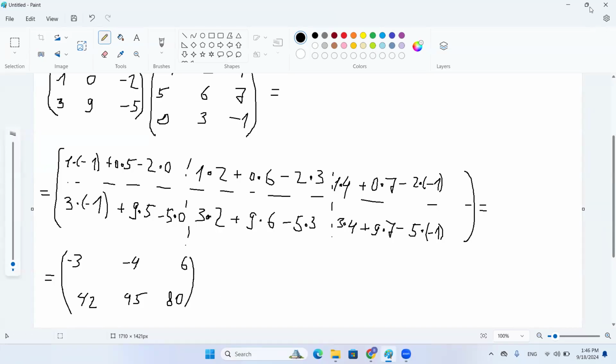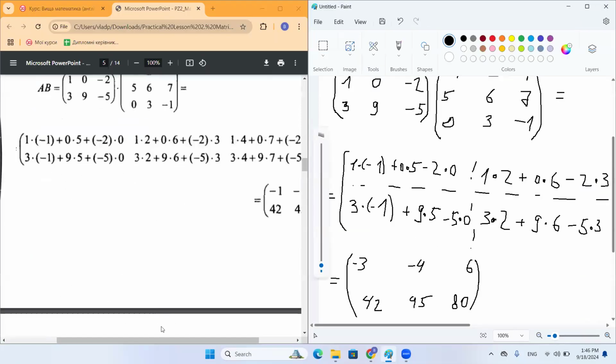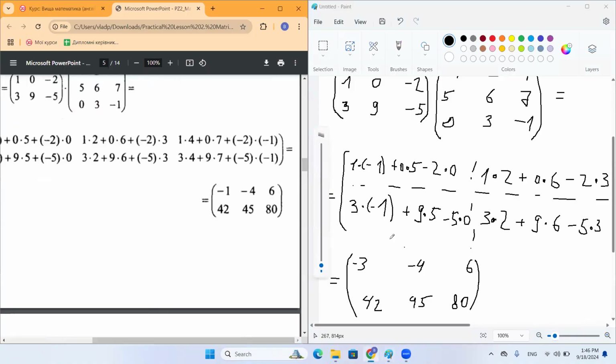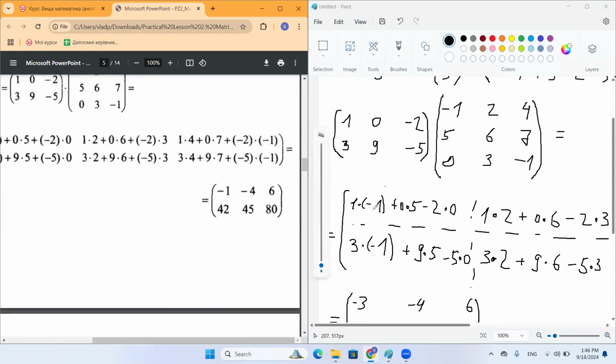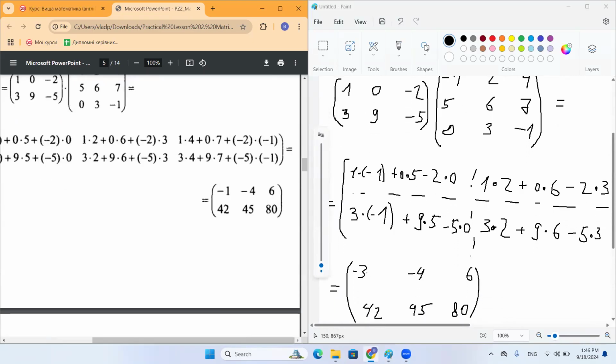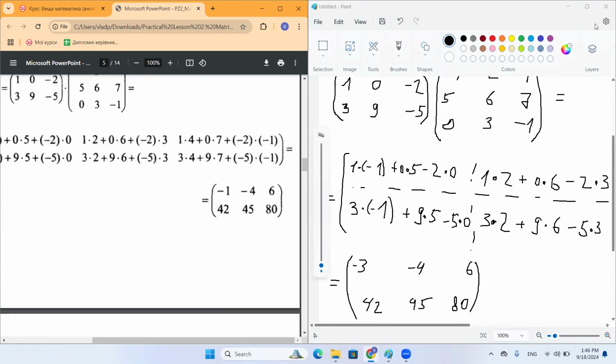Okay, and now let's verify it. So something is not correct. So -1 plus 0. Okay, so by the way, it's for everyone.